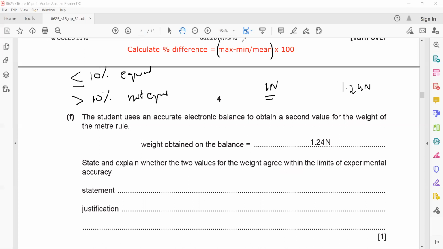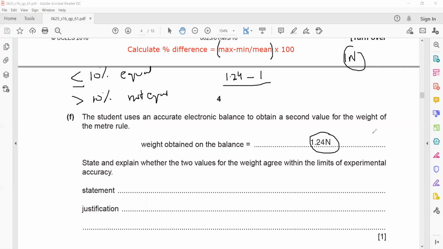equal. So I want you to calculate the percentage difference. Of the two values, one is 1 Newton, another one is 1.24 Newton. What is the maximum value? The maximum value is 1.24. What is the minimum value? That is 1. Divided by the mean.